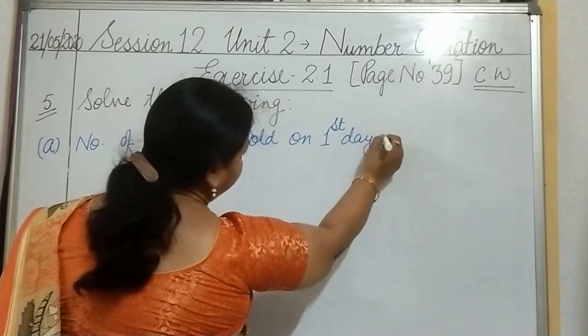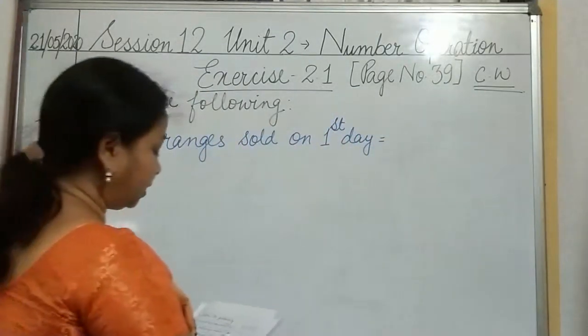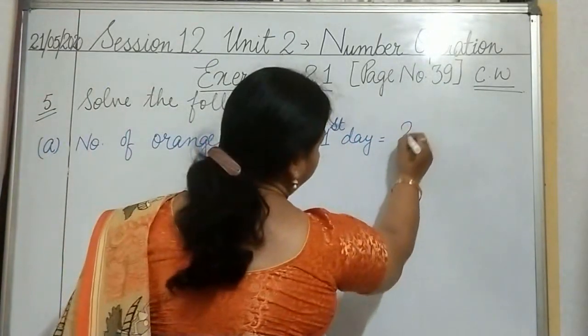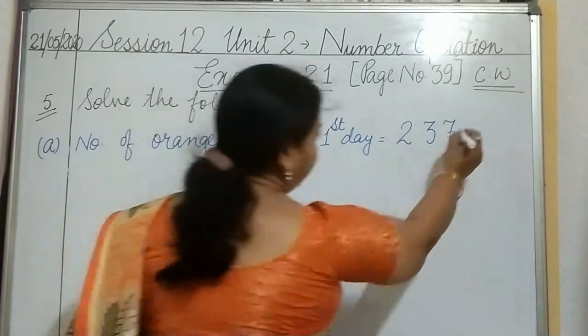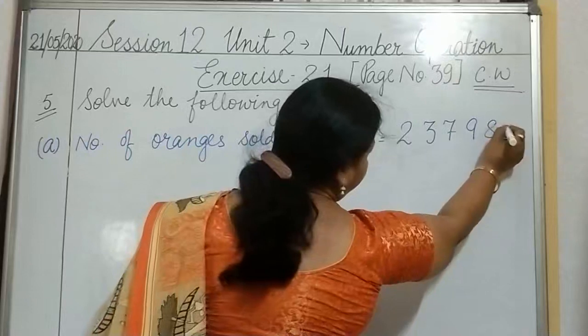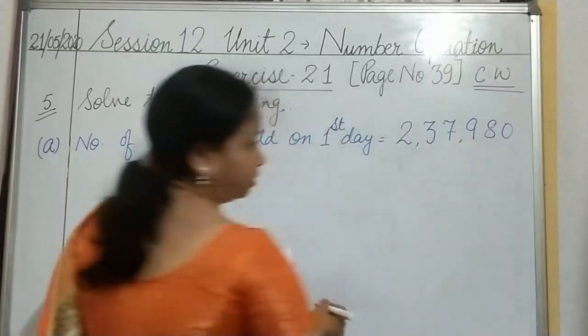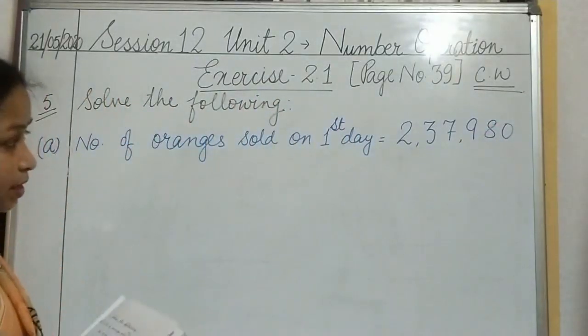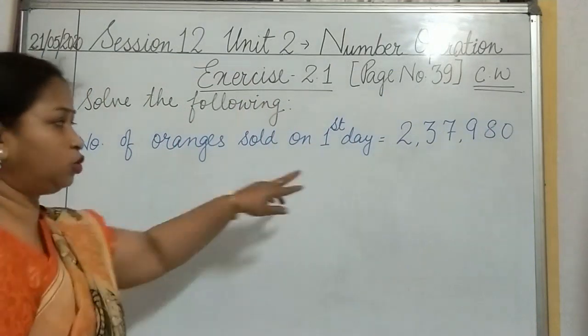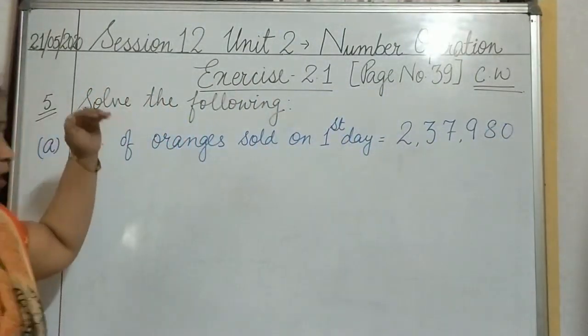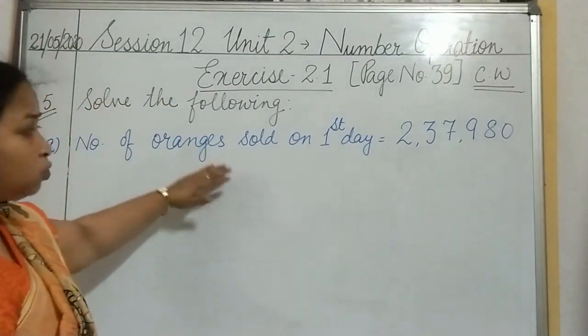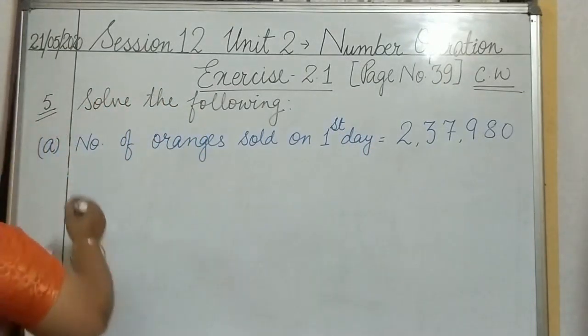On first day. So what was the number given over there? I'll just write down the digits 2, 3, 7, 9, 8, 0. And the moment I place the comma, it is very easy to read out. It is 2,37,980. Fine. This was the number of oranges sold on the first day. Okay.